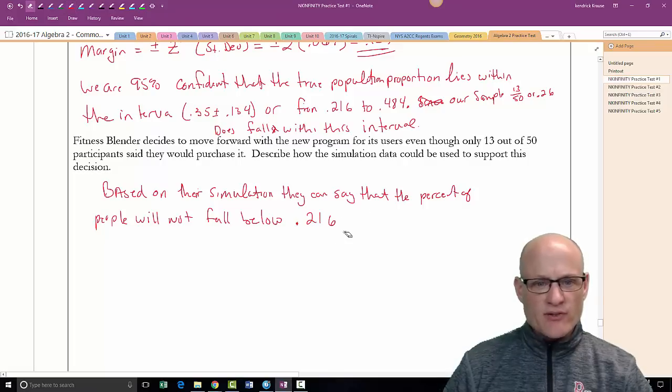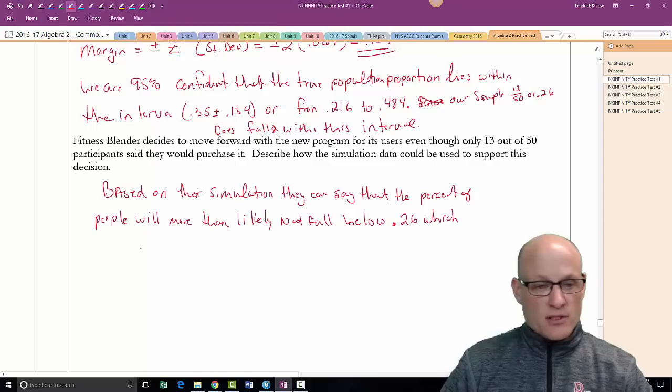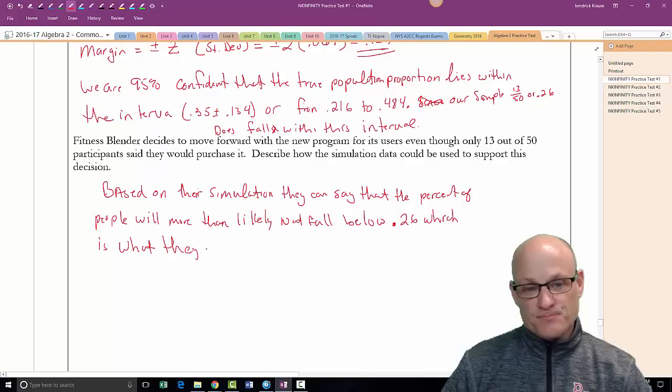They can say based on the simulation that the percent of people will more than likely not fall below 0.26, which is what they obtained in their sample.